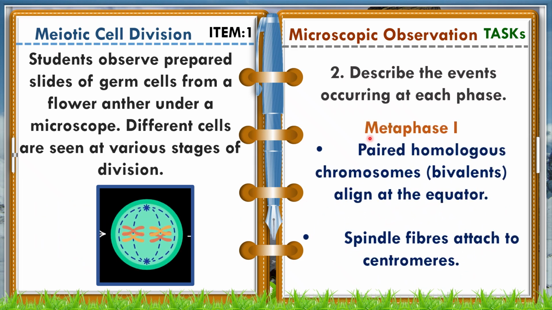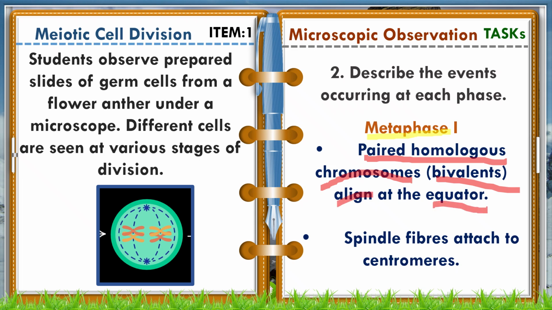Another one is metaphase. The metaphase. Now, in our metaphase, what happens is that the paired homologous chromosomes, which we call the bivalent, align at the equator.